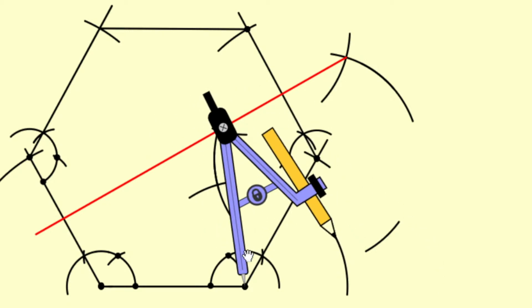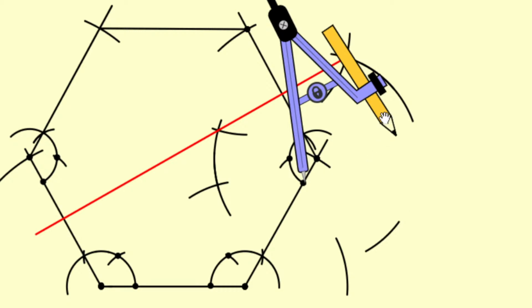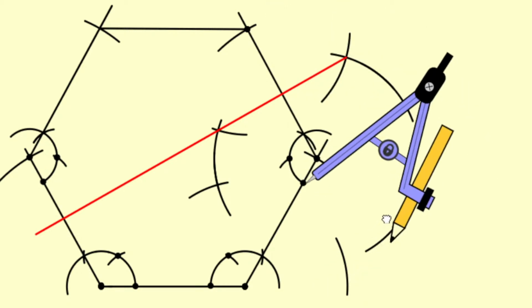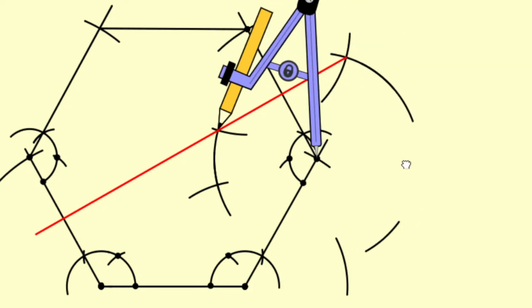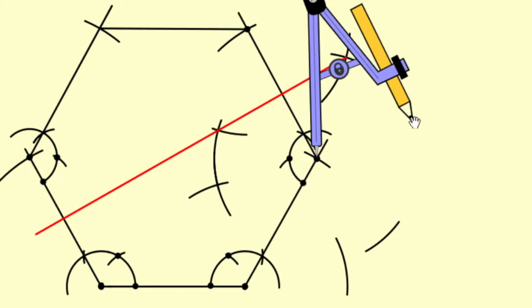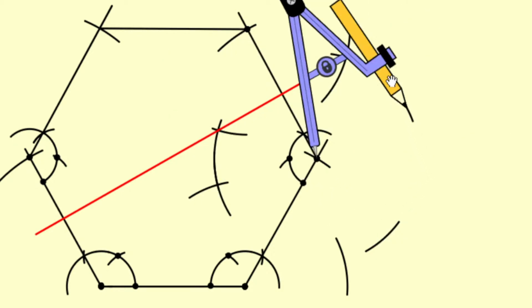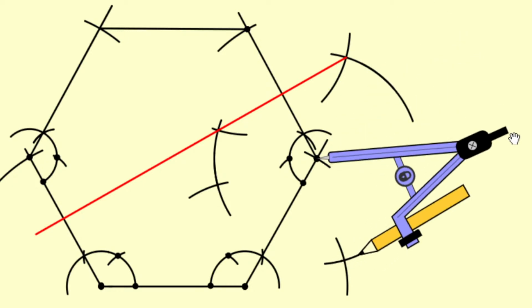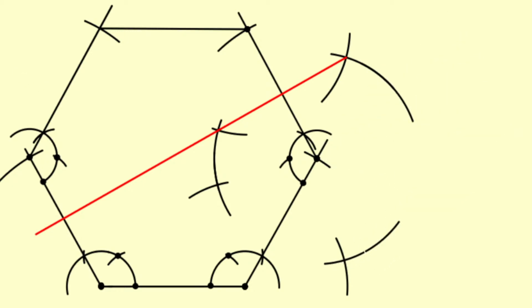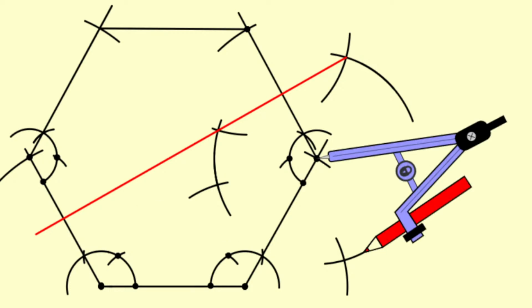Arcs are not meeting the previous arc, so I can extend the previous arcs. So now you can see both the arcs are meeting each other. Now let's draw this perpendicular bisector also.